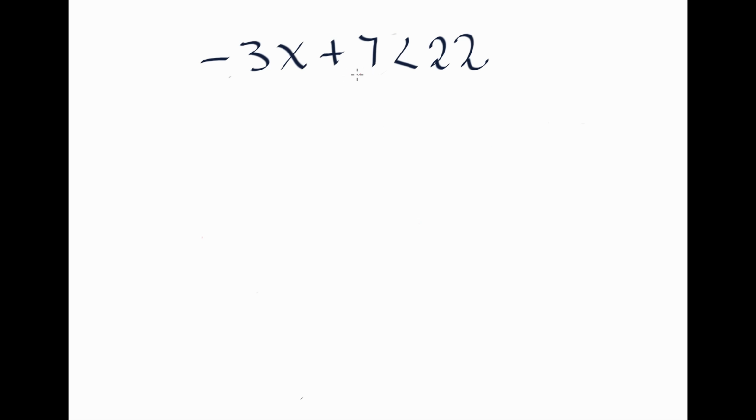So we have here positive 7. We're going to subtract 7 on both sides. So this is going to look like this. We have negative 3x, positive 7 minus 7 is 0. We don't need to write that. Less than, and then 22 minus 7 is 15.